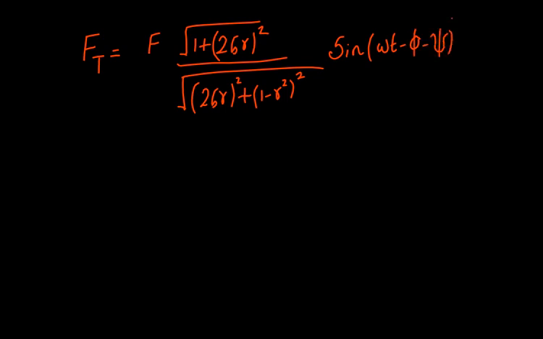Now the question here is, I'm not just interested in finding the transmitted force. I'm interested in finding the maximum force that is transmitted. For that, this term should be 1.